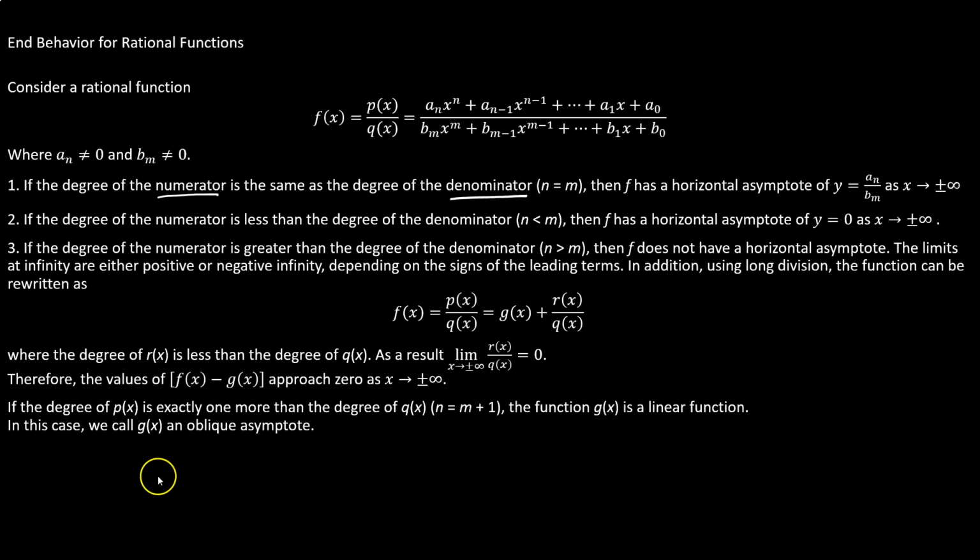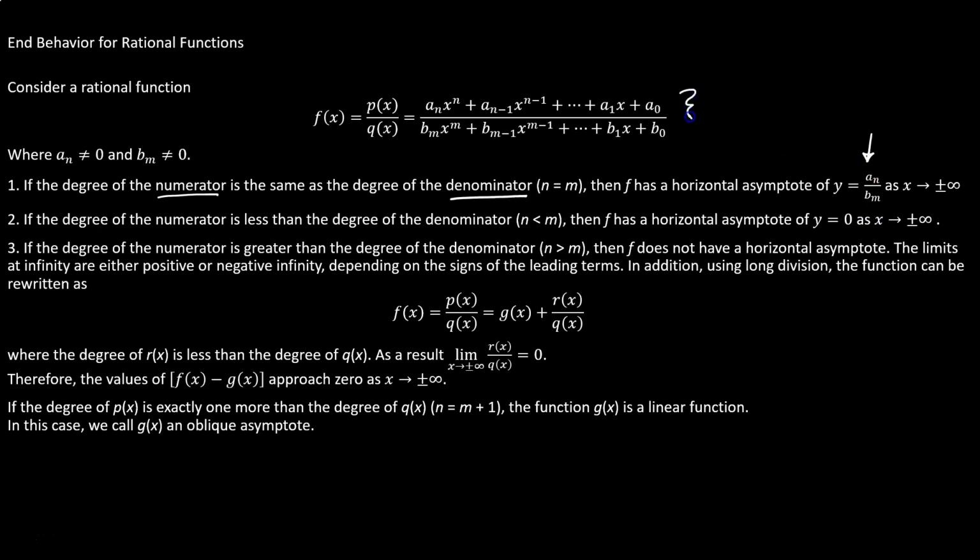We just looked at 3 separate cases of end behavior for algebraic rational functions. In the first one we looked at, the degree of the numerator matched the degree of the denominator. In that case, our function had a horizontal asymptote equal to the ratio of the coefficients on the highest degree terms.